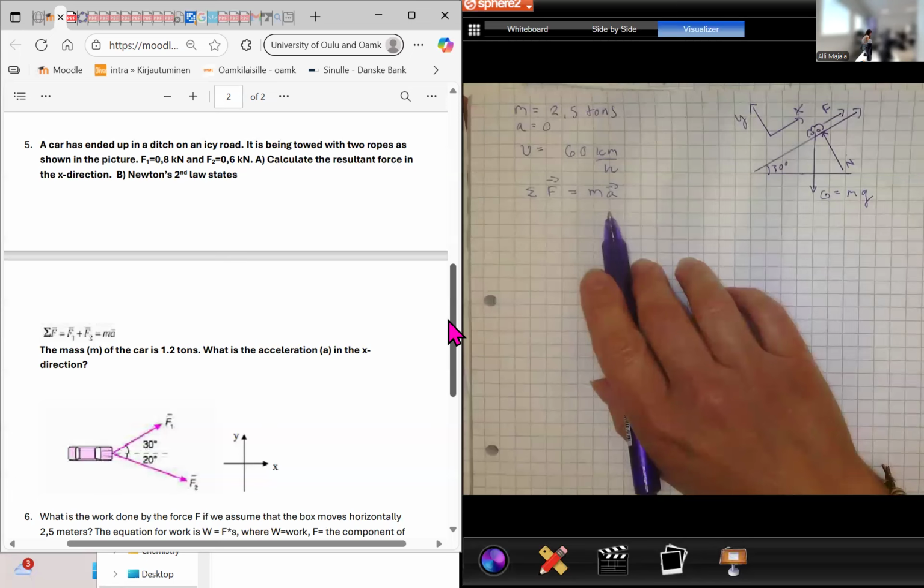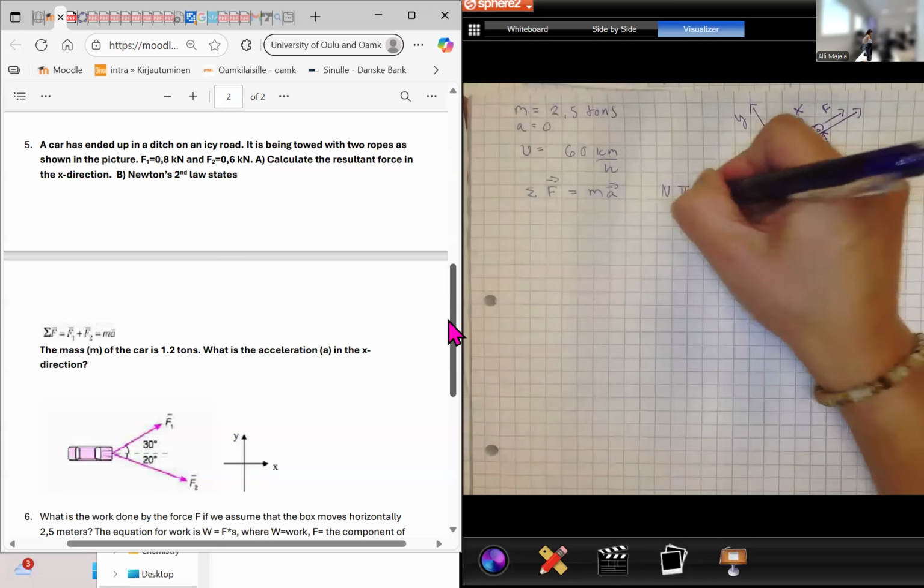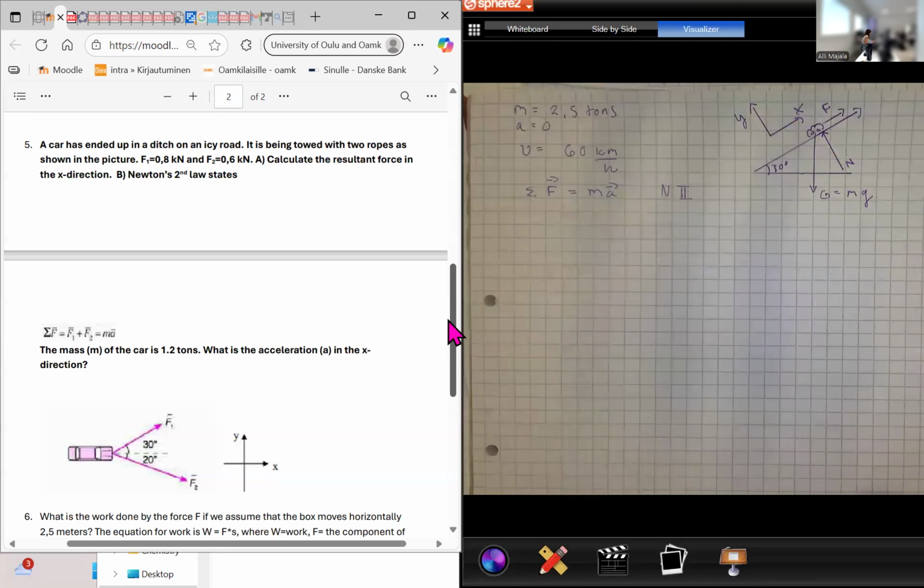But you didn't do this, which is Newton's second law. These are very, very basic calculations that you do if you go to high school and you do physics. You do this kind of calculation, many, many different kinds of calculations. And usually the physics almost starts with this.